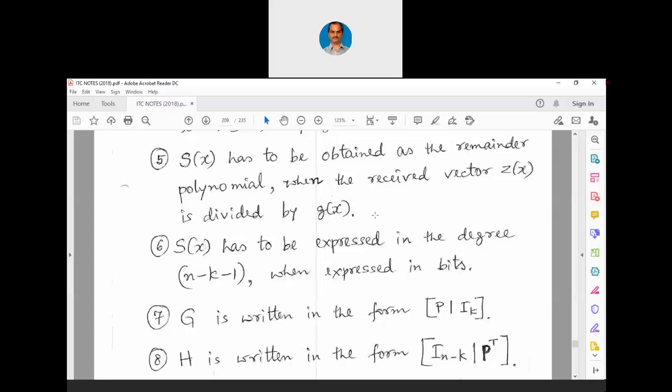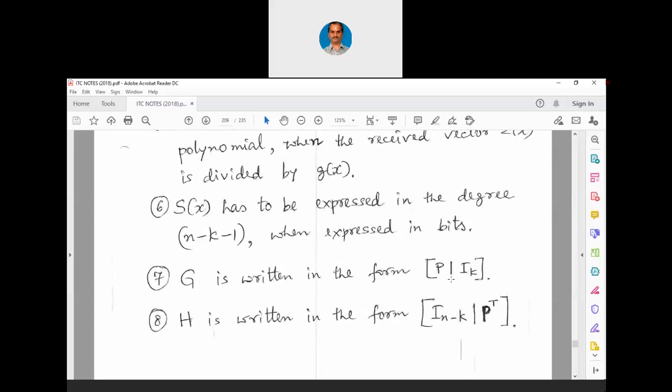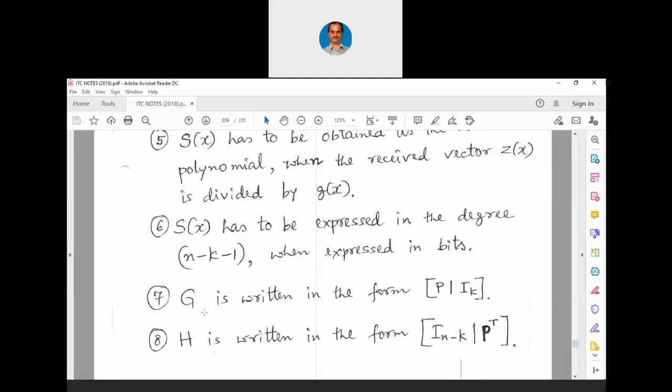Now the syndrome s of x has to be expressed in the degree n minus k minus 1 when it is expressed in bits. Now the last 2 points, the seventh point, G generator matrix is written in the form P abridged with IK, and Hamming matrix is written in the form In minus K abridged with P transposed. So these are the total summarized points for the cyclic codes.